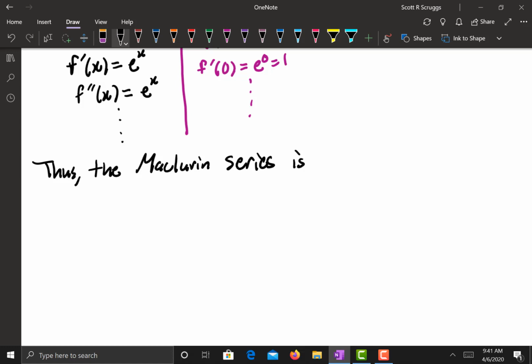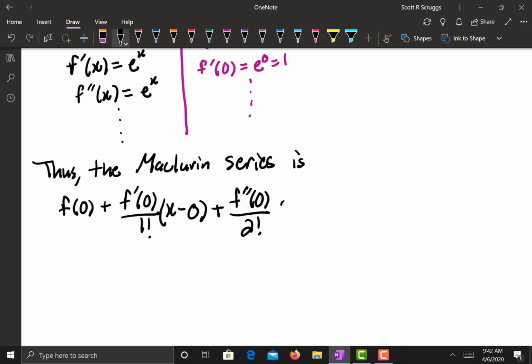is the following. First, my function f evaluated at the center plus my first derivative evaluated at the center over 1 factorial times x minus 0, which is the center, plus the second derivative over 2 factorial x minus 0 squared, and so on.